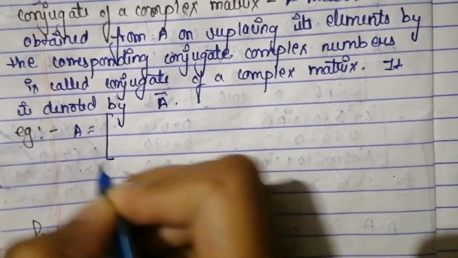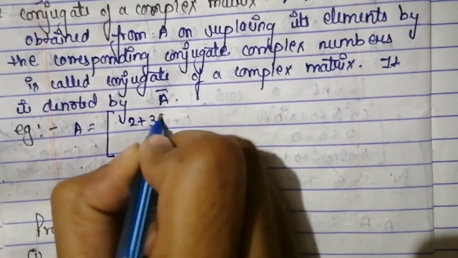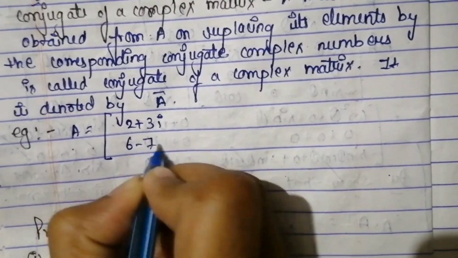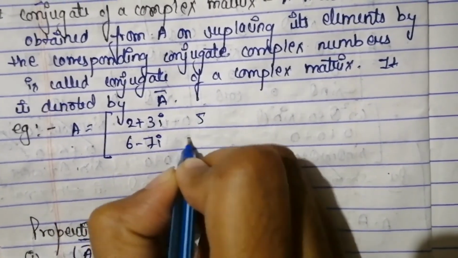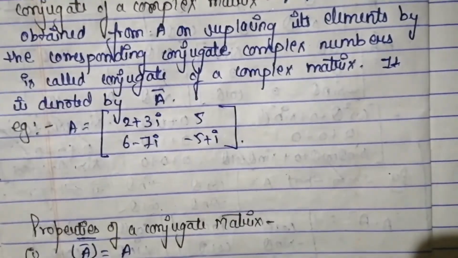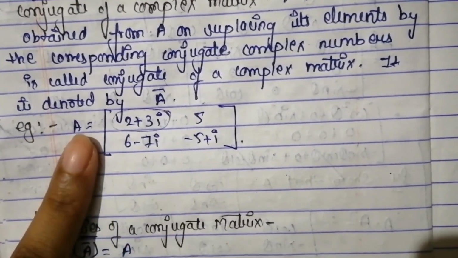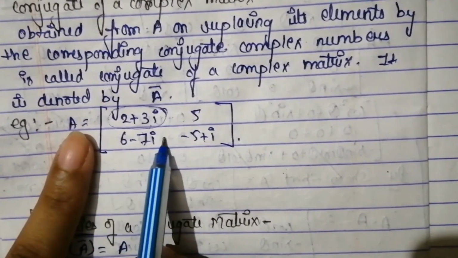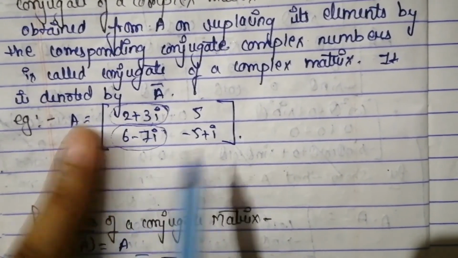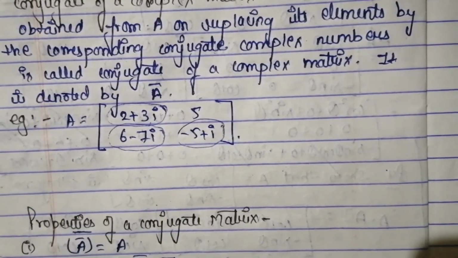If matrix A is equal to 2 plus 3 iota, 6 minus 7 iota, minus 5 plus iota. In this matrix there are three complex numbers. One is 2 plus 3 iota, second is 6 minus 7 iota, and third is minus 5 plus iota.